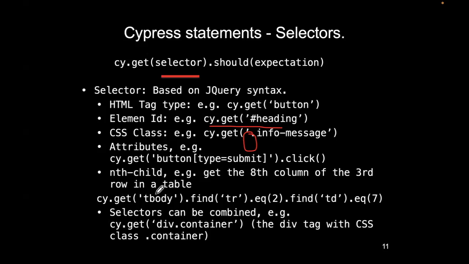I'm first of all getting the actual table element within the page, and then I'm finding all of the TR elements, that's the rows within my table. And then I'm using the EQ to pick out the nth child within this array, if you like. So strictly speaking, this is not a selector, but it's still a very useful thing. So this entire expression now from here to here is going to pick out one column within my table.